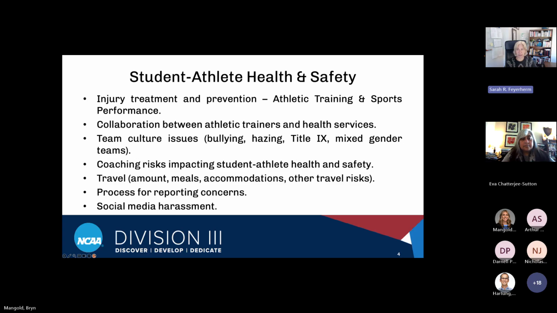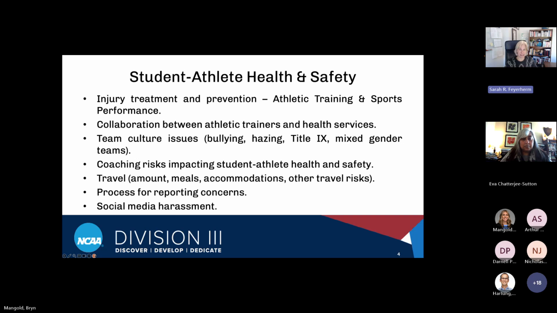For instance, we have a sailing team and a trap and skeet team, both varsity, that are co-ed, so they travel together. They have overnights, you've got the accommodation issue. I'm not saying that by having a co-ed team you're going to have an issue, but there is that potential that you need to figure out and think about.